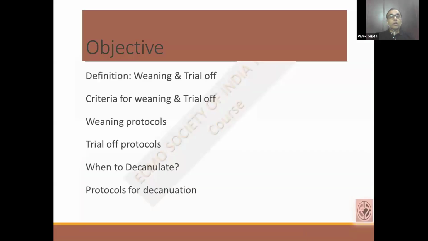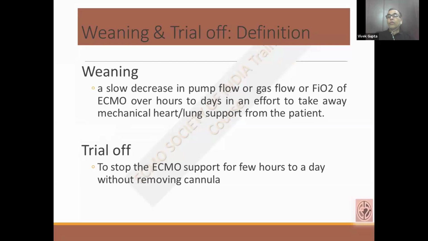patient. So I have nothing to disclose, and my objective will be to talk about the definition of weaning and trialing off, how we decide the criteria, what the different protocols are, whether we will decannulate, and how we decannulate. So weaning is nothing but gradually reducing the ECMO support and allowing the body to participate.